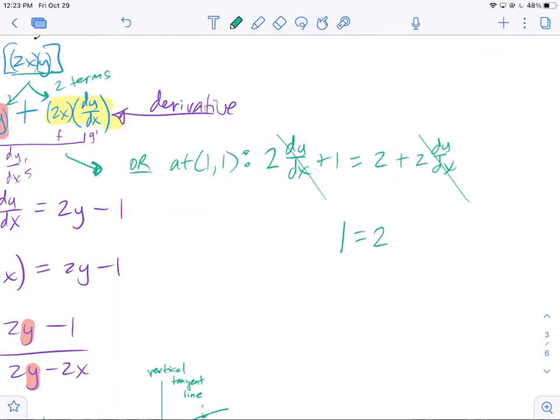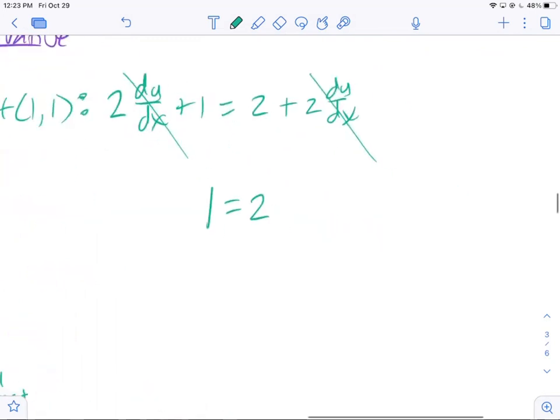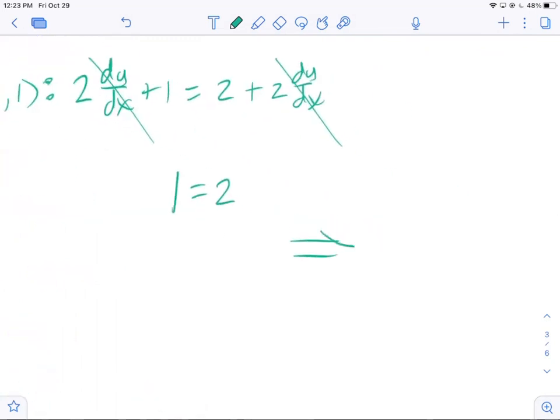Sometimes it's like that. What happens if you did this in algebra when your variables go away and you end up with a non-true statement? This is a contradiction. And we show that by two ramming arrows, like two rams butting horns.